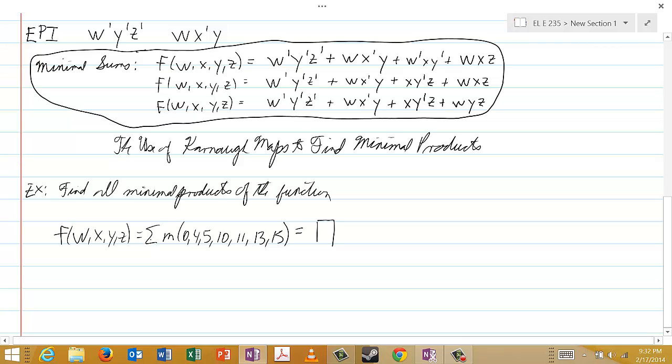Instead of being equal to the sum of the min terms 0, 4, 5, 10, 11, 13, and 15, it can also be written as the product, remember, this sign means product, of the max terms 1, 2, 3, 6, 7, 8, 9, 12, and 14.